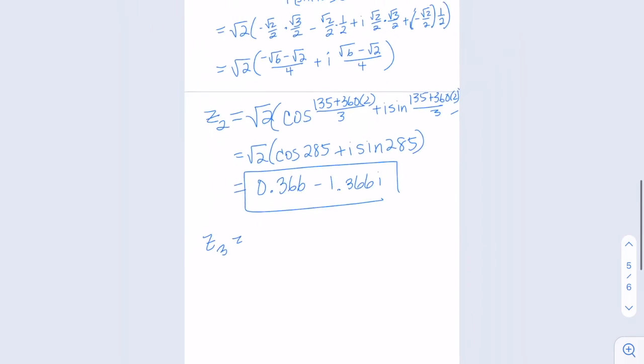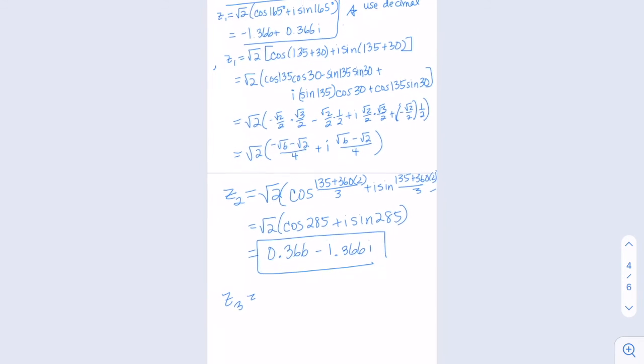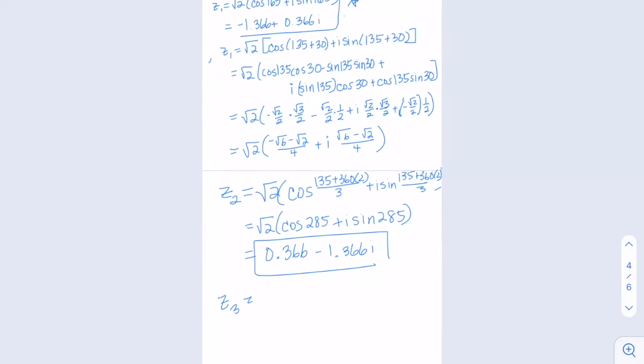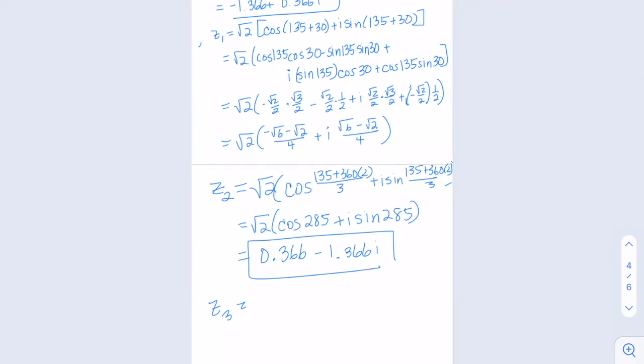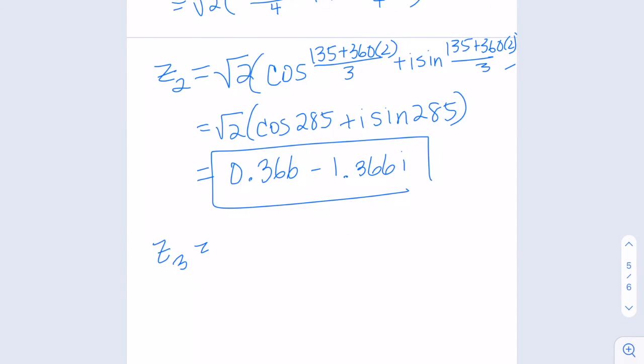All right, now the third root is going to actually just take us back, and we could have started with that one when we first started. So that's going to be square root of 2 times cosine of 135 over 3. So square root of 2 cosine of 135, that's going to be 45 over 3. So I sine 135 over 3.